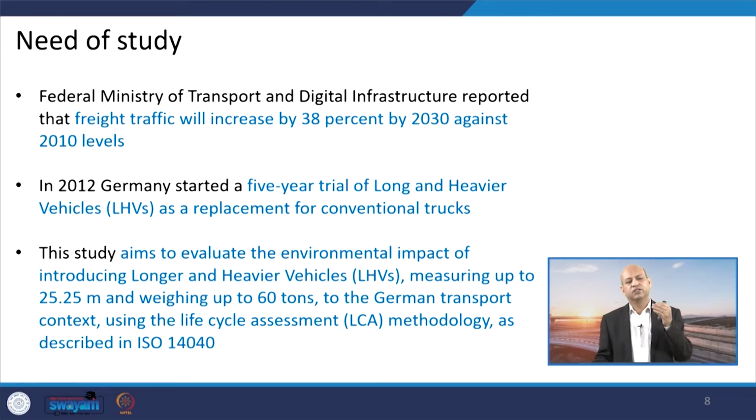The dimensions of these LHVs are quite big. They measure around 25.25 meters and weigh around 60 tons. In the German context, the study uses the life cycle assessment methodology as per ISO 14040.